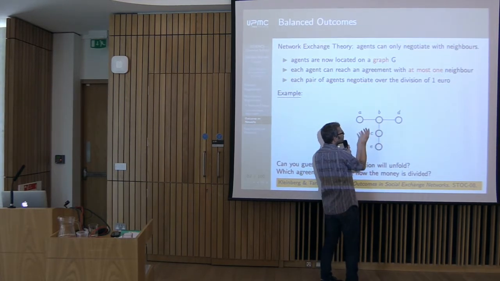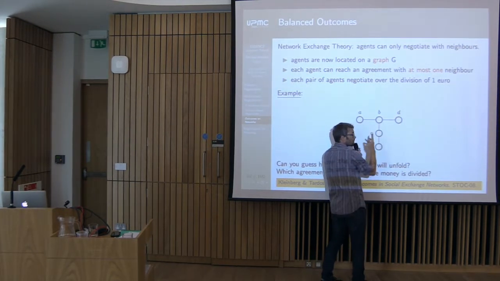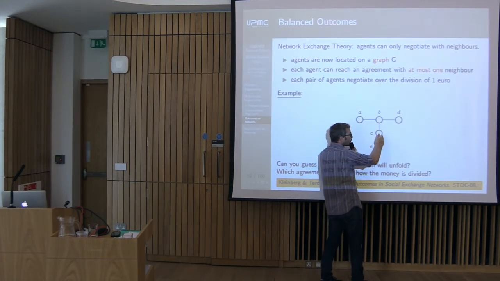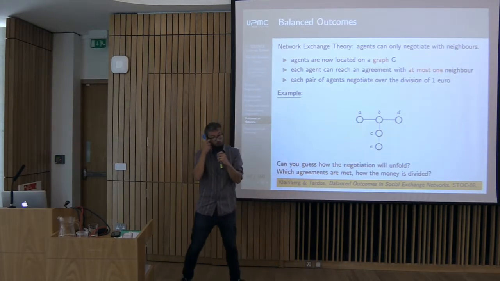So for instance, A and B could decide to divide 50-50. And if this is the case, B could not make any deal with D and C. And so only C and E could deal together, and they could decide on some division of the resource.